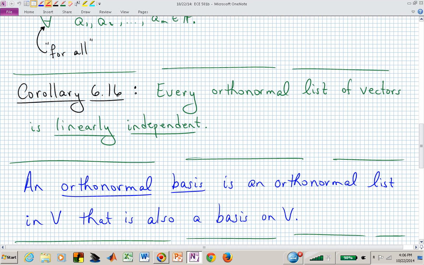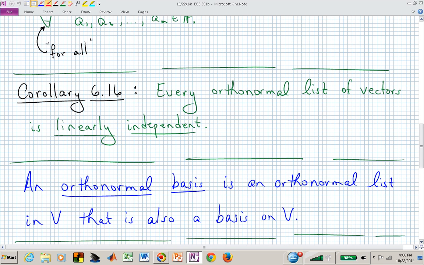Question? What is your question? Now, an orthonormal list just means that we are scaling the vectors to have a length of 1. And did you say an orthogonal list? Yes, so you could have an orthogonal list of vectors, and that also is going to be linearly independent.